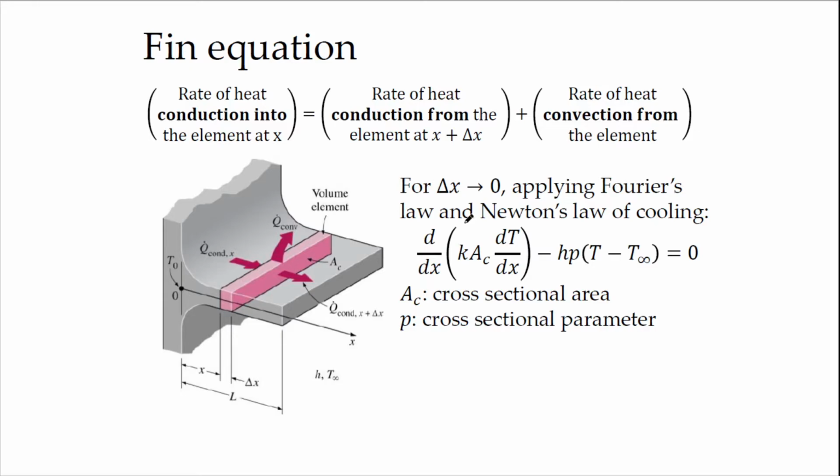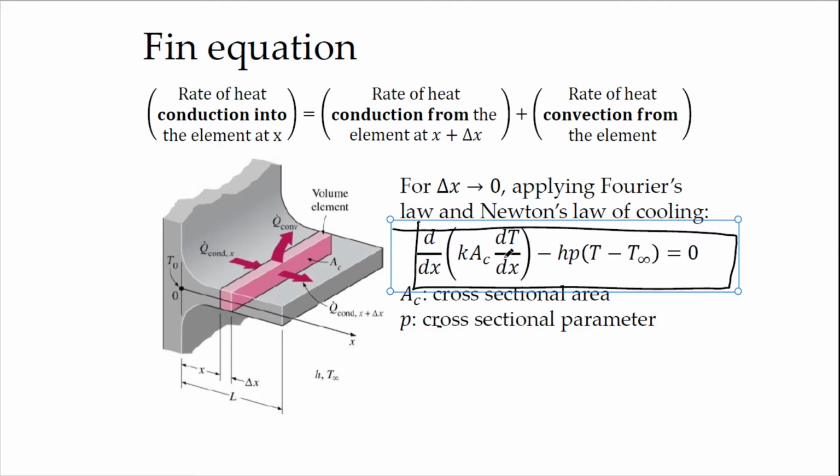So in general, we are applying an energy balance equation on a certain element to come up with the fin equation. The rate of heat conduction into this element at x is equal to the rate of heat conduction from the element at x plus delta x, plus the rate of convection from the element. From this statement, we end up with this equation.